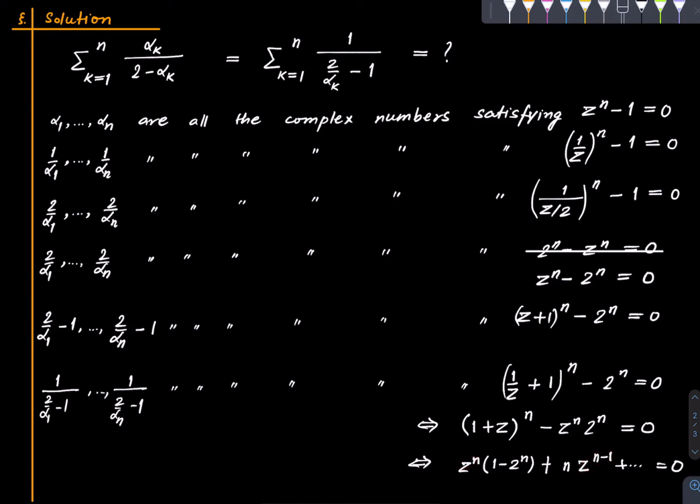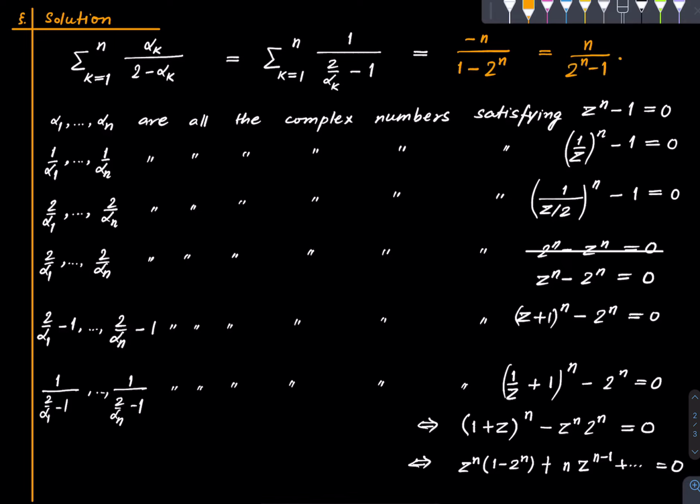And therefore the sum of all the roots is minus the coefficient of this divided by the coefficient of that. So that sum is −n divided by (1 − 2ⁿ), which is n/(2ⁿ − 1). Right?